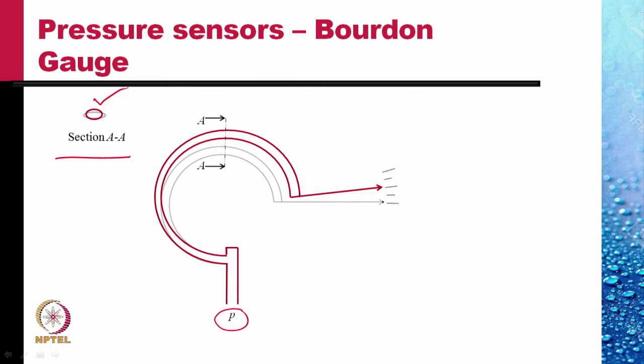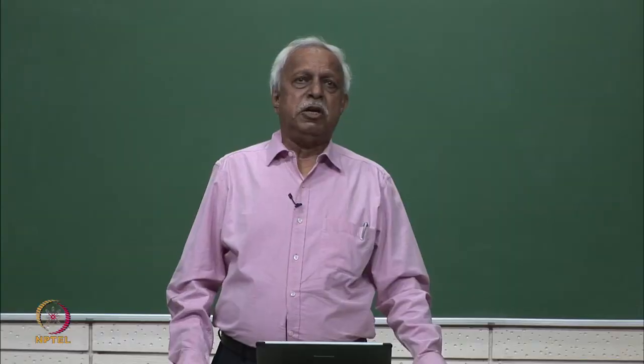As it expands out, the pointer attached at the end moves on a scale, and this gives a reading of the pressure. This is the basic principle of a Bourdon gauge, one of the most commonly used pressure measuring equipment.